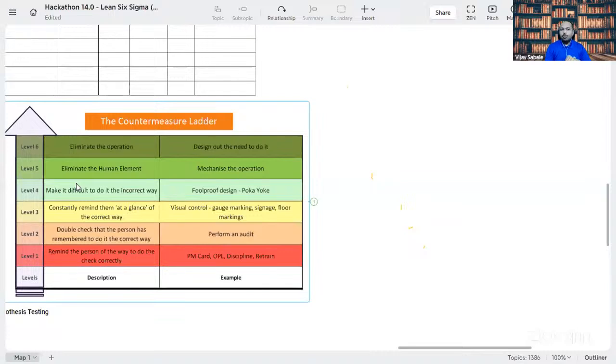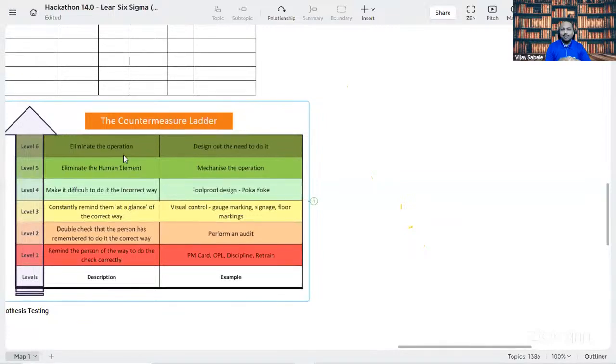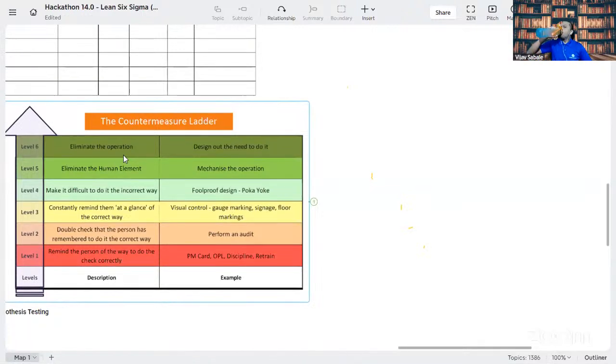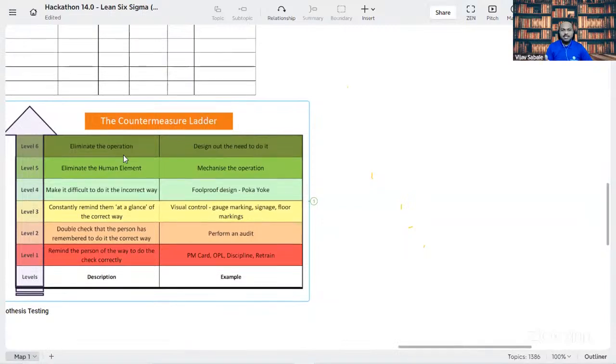Is it clear? Do you know any simple example of level 6 that is coming to your mind? All these 1, 2, 3, 4, 5 we can see on a daily basis, right? I'm talking about the special one, level 6.